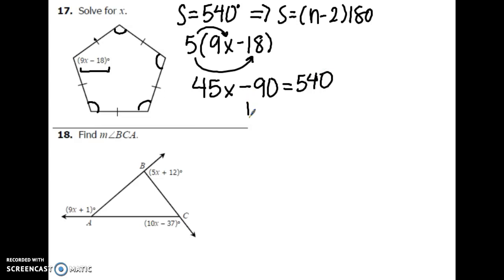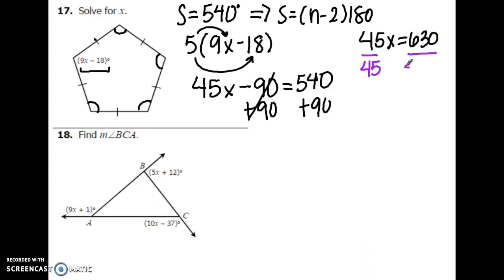So then I'm going to add 90 to both sides to get rid of it. This cancels, and we are left with 45x equal to 630. Let's divide both sides by 45. This cancels, and we are left with x is equal to 14.